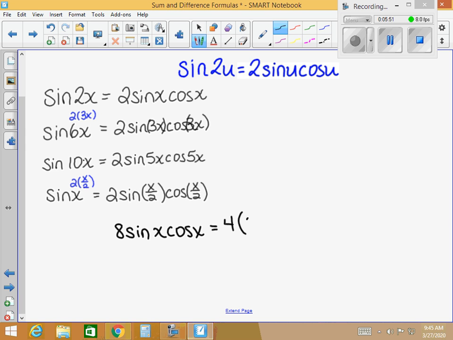Again, if you need to write this step in here, please go ahead and write it down. But I have 2 sine x cosine x times an extra 4. I can pull a 4 out of that 8 and have the 2 left over. The stuff in parentheses right here is equal to sine 2x.